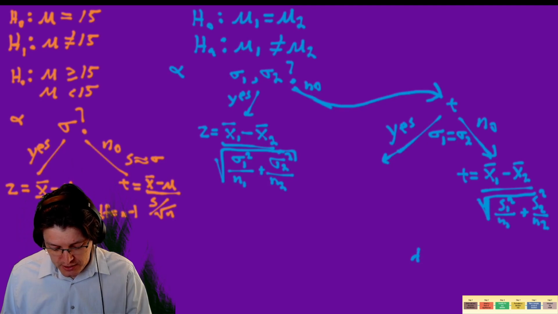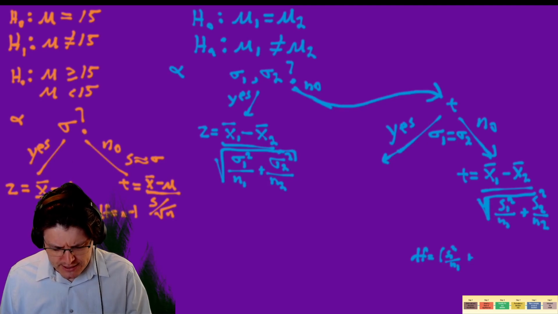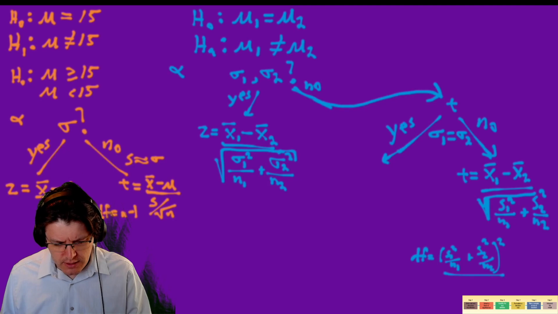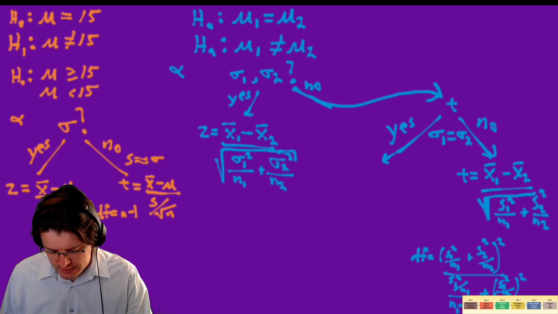So the degrees of freedom is s1 squared over n1 plus s2 squared over n2, all squared. And then that is divided by s1 squared over n1, all squared, over n1 minus 1, plus s2 squared over n2, all squared, over n2 minus 1. Again, you obviously never need to memorize this. This might not even be legible. There's so much going on.